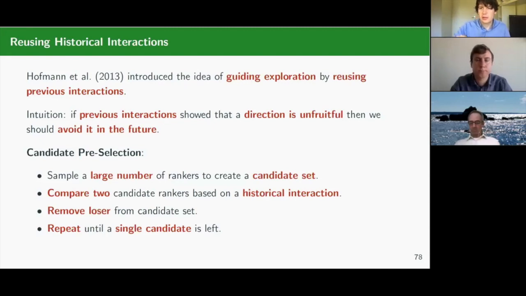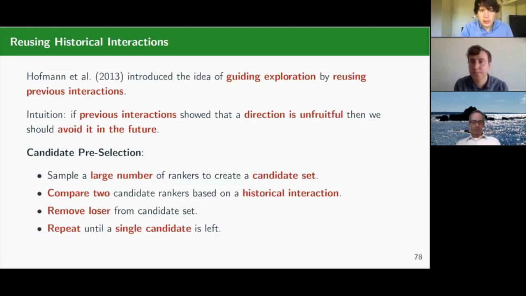So instead of doing this unit sphere where we sample in all directions, what if we try to sample from the directions that are most fruitful? Or in the opposite way of putting it, avoid exploring in directions we already know don't work. So avoid trying things you already have proof that they don't work.